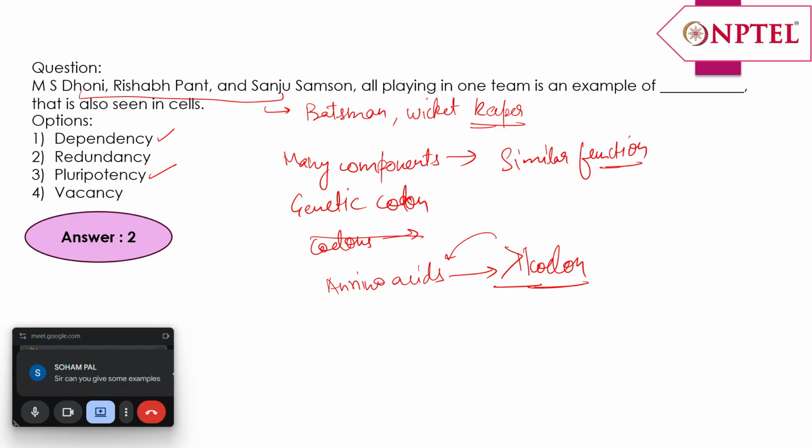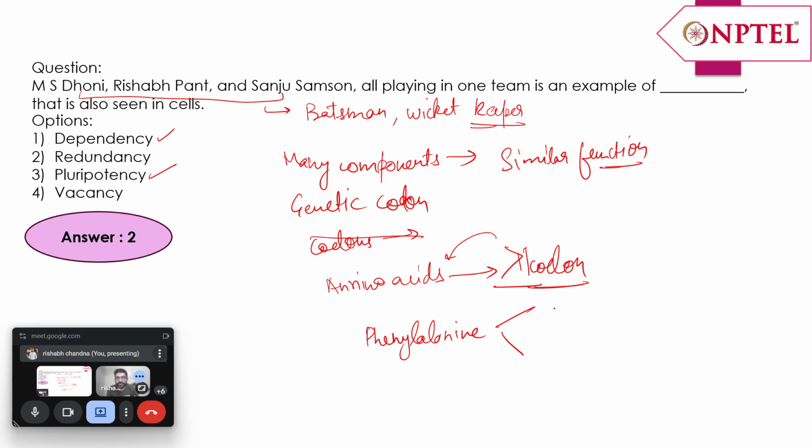So, for example, let's take an example of phenylalanine. It is coded by two codons, that is UUU and UUC.